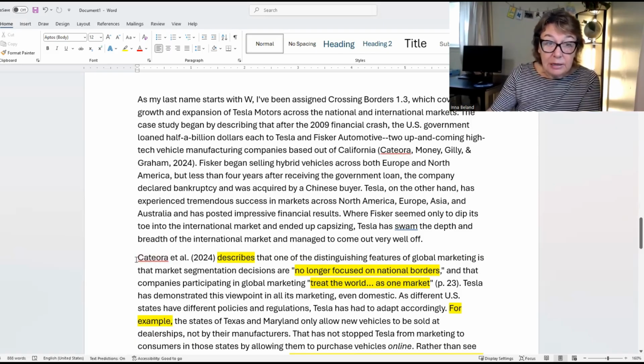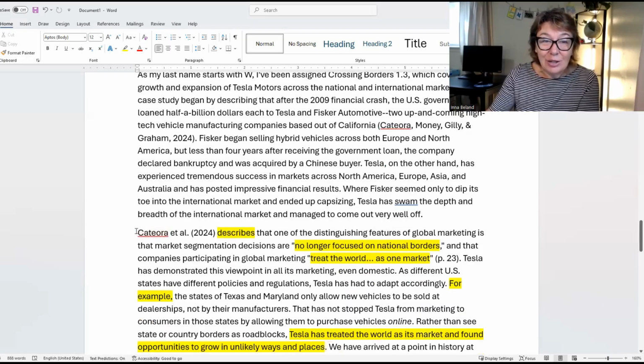In the next paragraph, the author uses et al., which is correct because we already named all the authors and now we just refer to them. "Ketiora and others describes." Now I have a problem, because I know we have 4 authors here and "describes" is a singular verb.